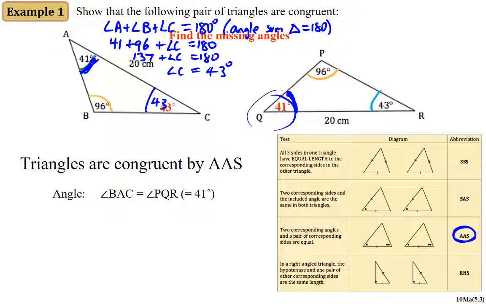Yeah, I probably should have listed angle ACB equals angle QRP, which both equal 43 degrees. And why? Well, we can see that.